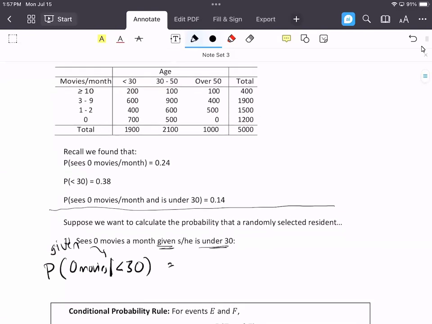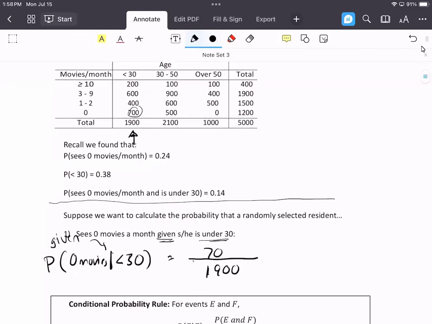No, I'm interested in only this column right here, all the people who are under the age of 30. So when I calculate that, I take the 1900 total, because that's how many are under 30, and then the number who see 0 movies, which is 700. When I compute that out, I get 0.368. Once again, we're looking at just some specific residents.